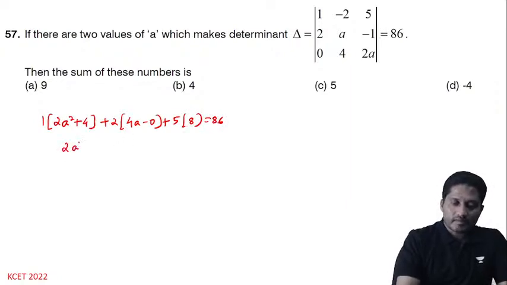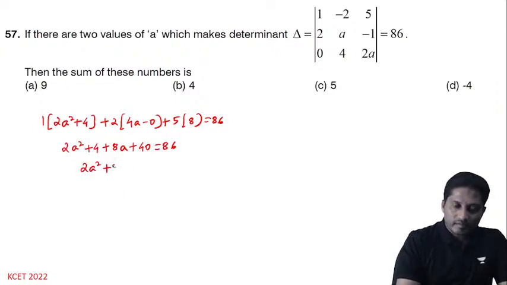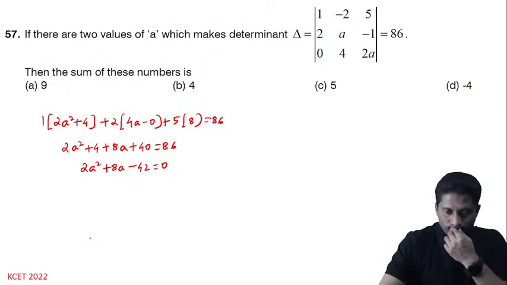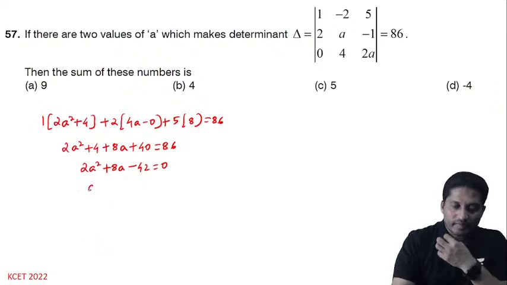So 2A square plus 4 plus 8A plus 40 is equal to 86. 2A square plus 8A minus 46 minus 4, 42 is equal to 0. If you divide by 2, A square plus 4A minus 21 equal to 0.